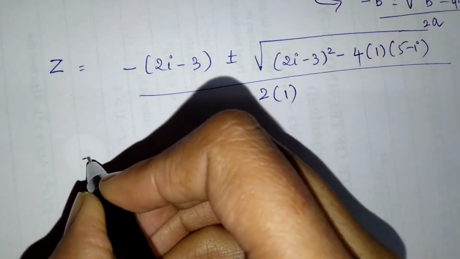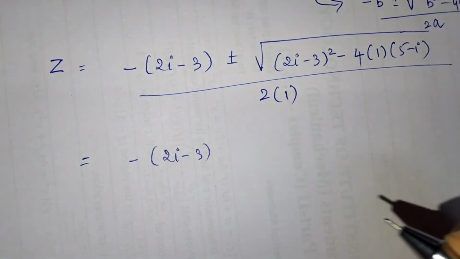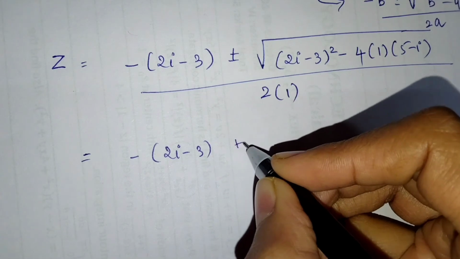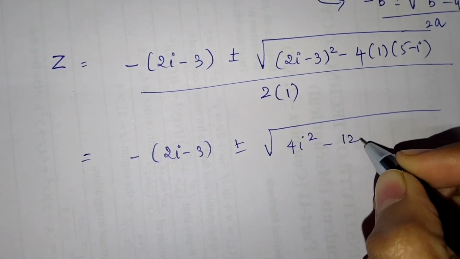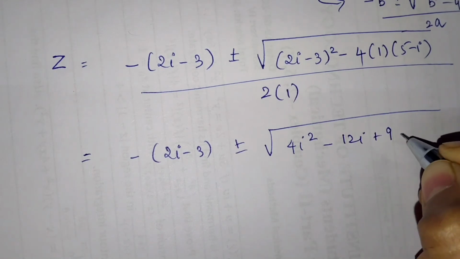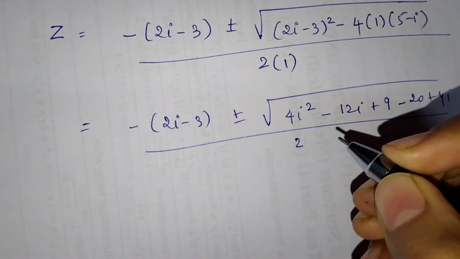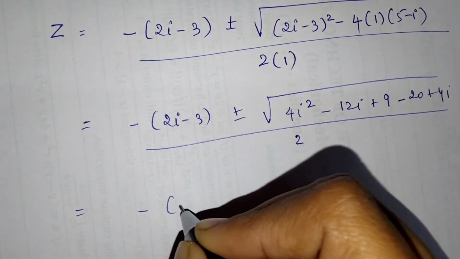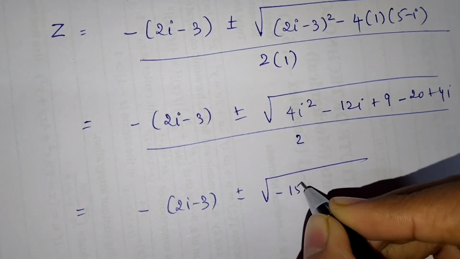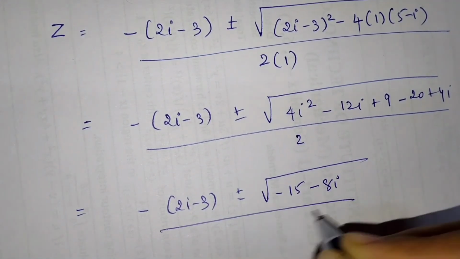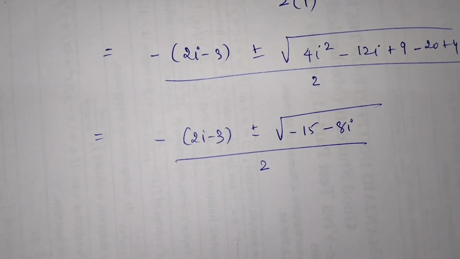Rewriting this equation, you can write 2i minus 3 plus or minus root of 4i square minus 12i plus 9 minus 20 plus 4i, divided by 2. If you solve this, you will get minus 15 minus 8i divided by 2. You will get such a type of equation.